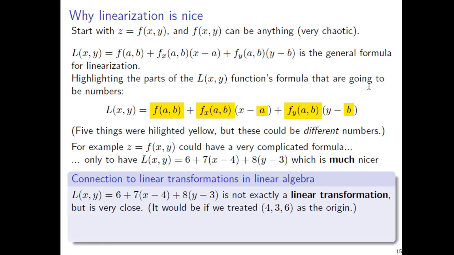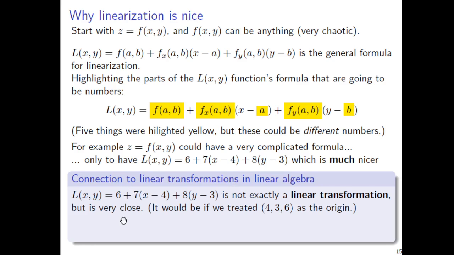The point is the type of function you're looking at here, it's about as nice as you could expect a function to be for a function with two input variables without just being a constant function where the output is just literally always the same number. There's a brief connection to linear algebra that's worth mentioning here. This function that you see here, I know it's called a linearization, but in linear algebra, this is not a linear transformation.